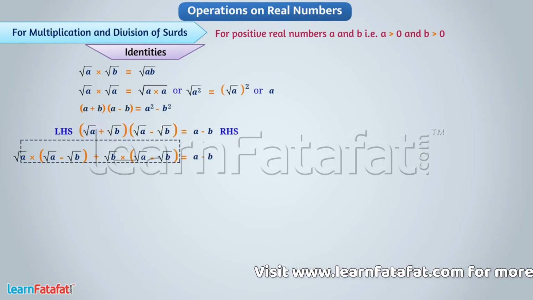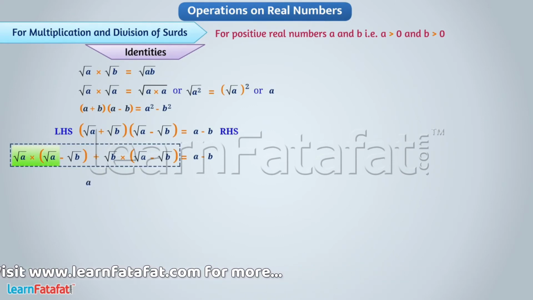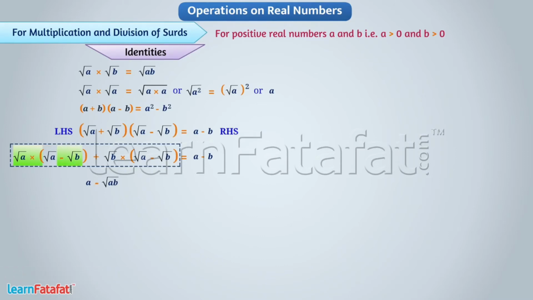Solving further, root a multiplied by root a is a, plus root a multiplied by minus root b is minus root ab, plus root b multiplied by root a is root ba, that is root ab, and root b multiplied by minus root b is minus b.